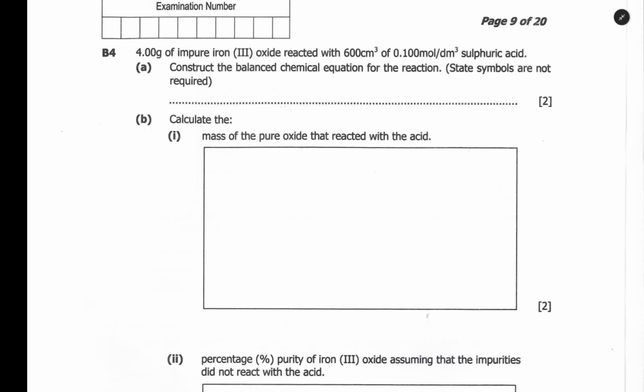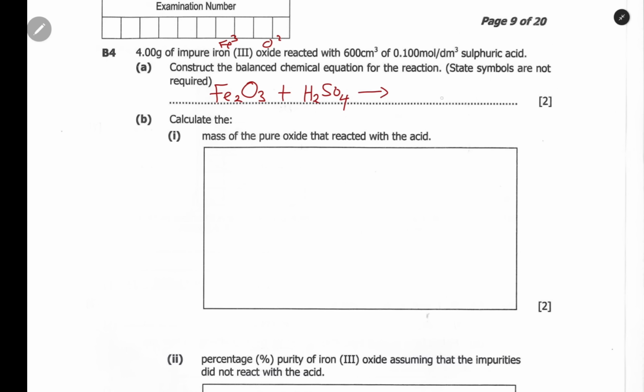So here, what is reacting? Iron 3 oxide. How do you write iron 3 oxide? You know that iron is Fe and oxide is O. Iron has valence of 3, oxygen has valence of 2. So iron 3 oxide is written as Fe2O3. Reacting with what? Sulfuric acid, H2SO4.